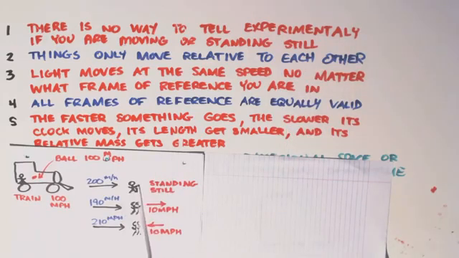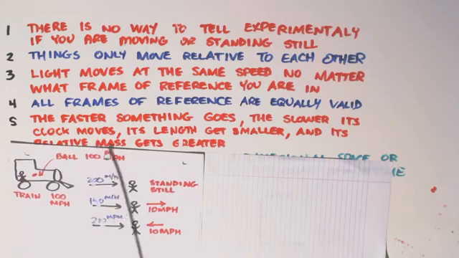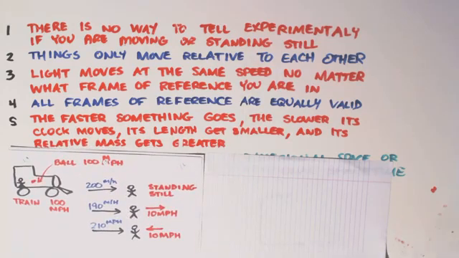But what about this guy who's standing here and he's watching the train move? Now, the train, the man, and the ball are all moving at 100 miles an hour towards this man. So if he throws the ball at another 100 miles an hour, that ball is moving 200 miles per hour relative to this guy standing here. So in one frame of reference, the ball is moving 100 miles an hour, and in another one, it's moving 200.